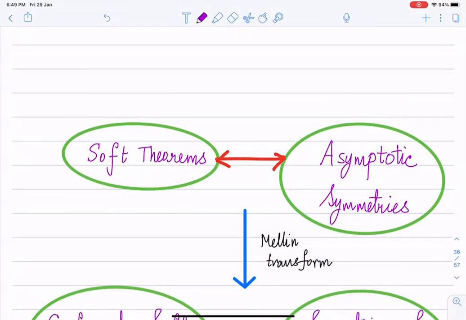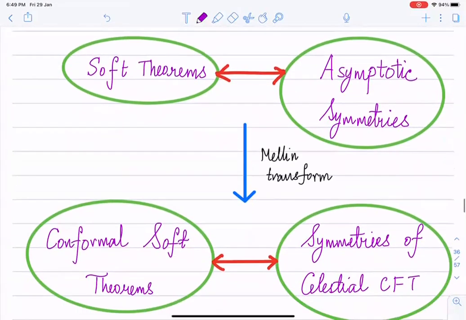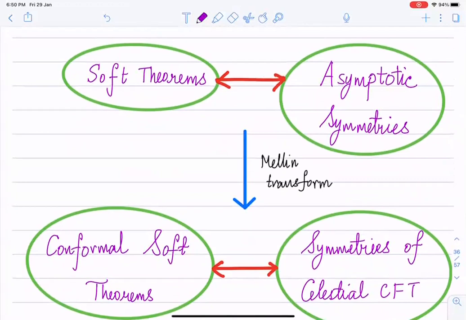Okay, so today what I want to do is look at this connection between soft theorems and asymptotic symmetries through the lens of the Mellin transform.